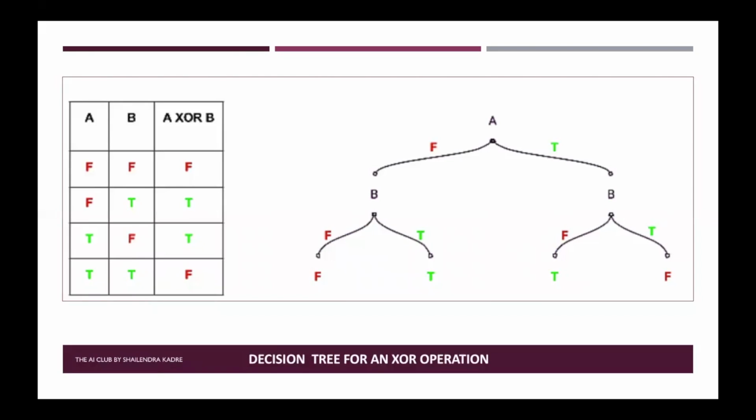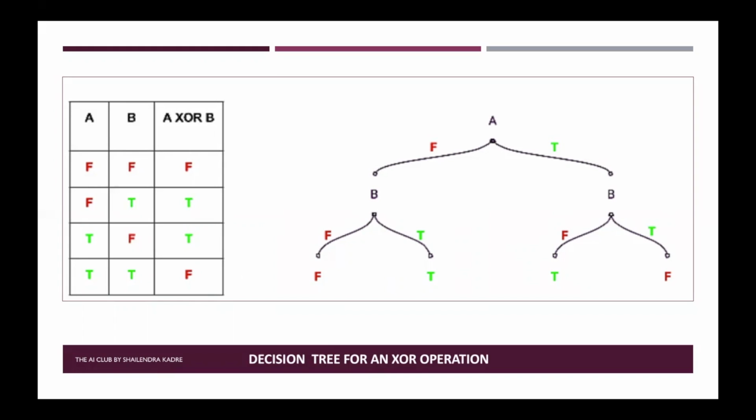Now here we have tried creating a similar tree for an XOR gate. When the value of A and B both is false, the target is false. And if A is false and B is true, the target is true. This is the very obvious XOR gate, so I don't need to explain it here.